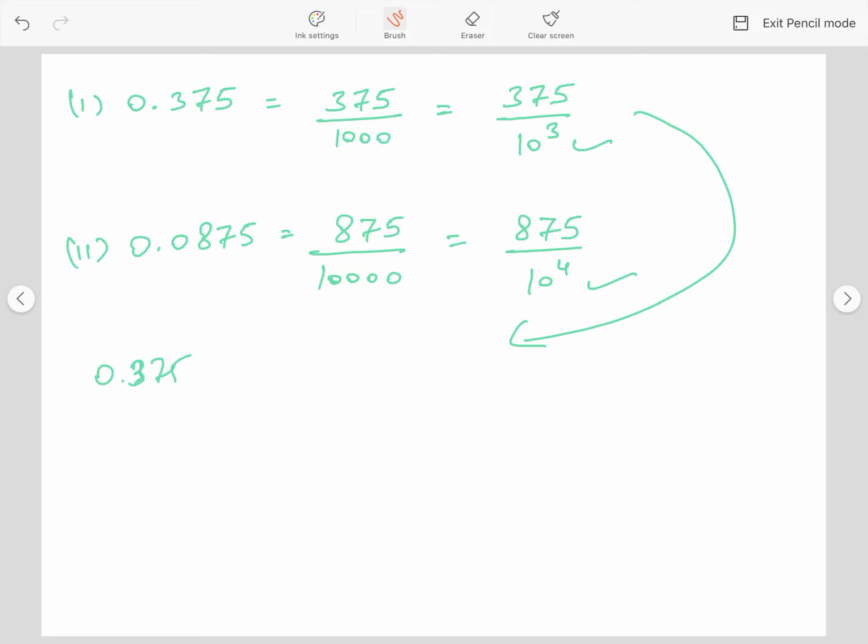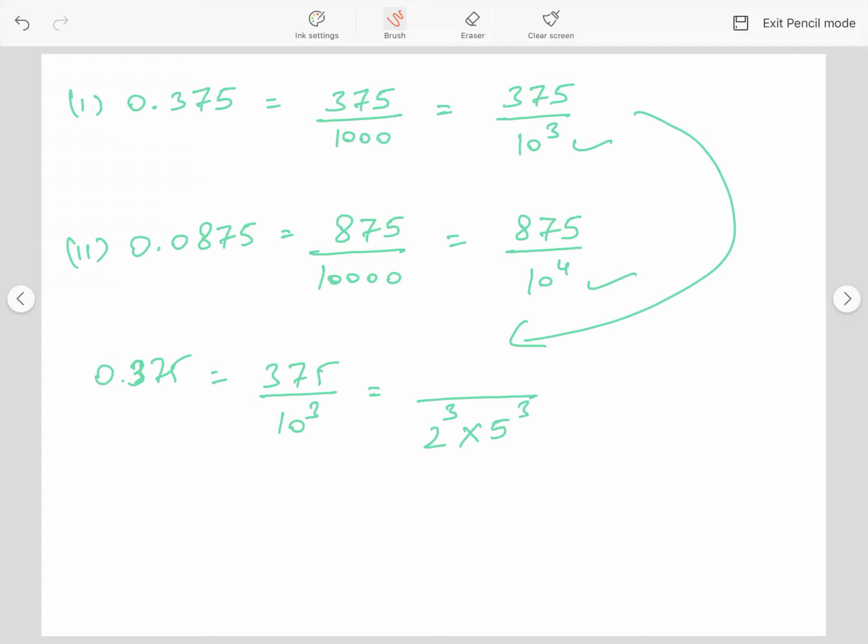While writing in the prime factorization form, we can see the prime factors of 10 are only 2 and 5. So we can write 375 over 10 raised to the power 3 as 375 over 2 raised to the power 3 into 5 raised to the power 3.